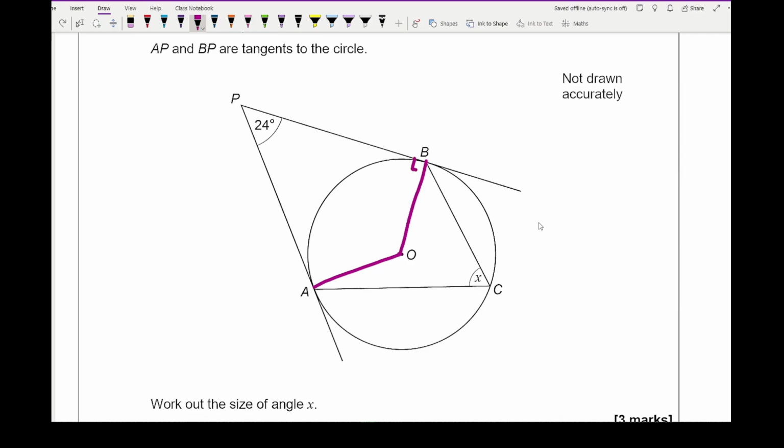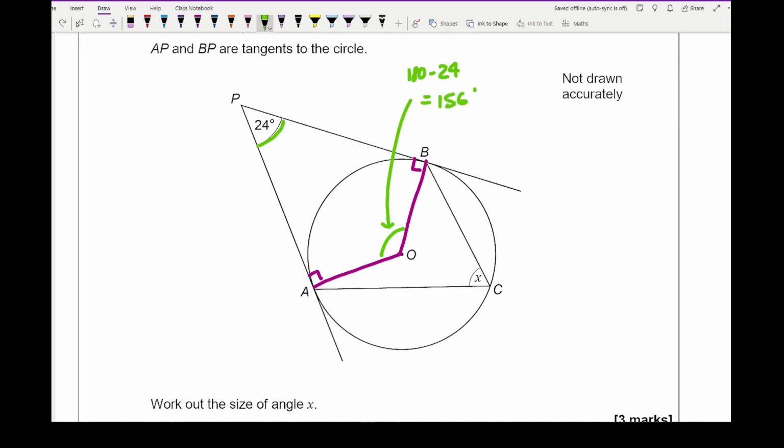So that means that this angle here and this angle here are going to be 90 degrees. Now, if that's 90 degrees, I've got the quadrilateral OABP. So this angle here and this angle here must add up to 180. So if I do 180 minus 24, that gives me an answer of 156 degrees.